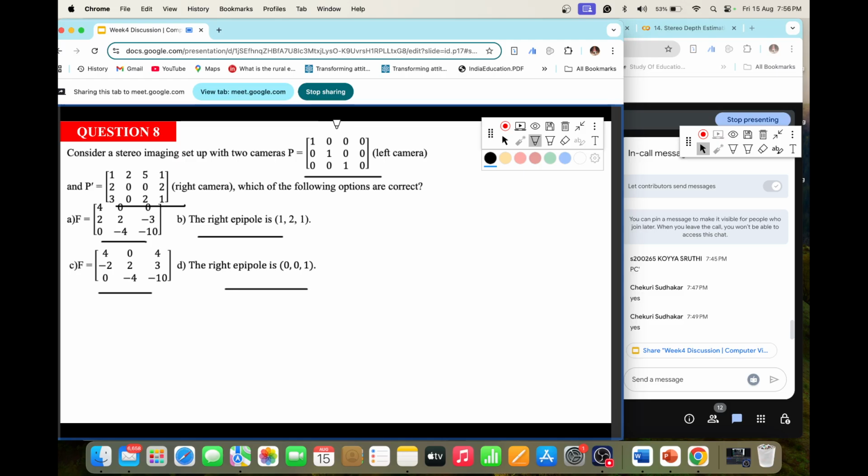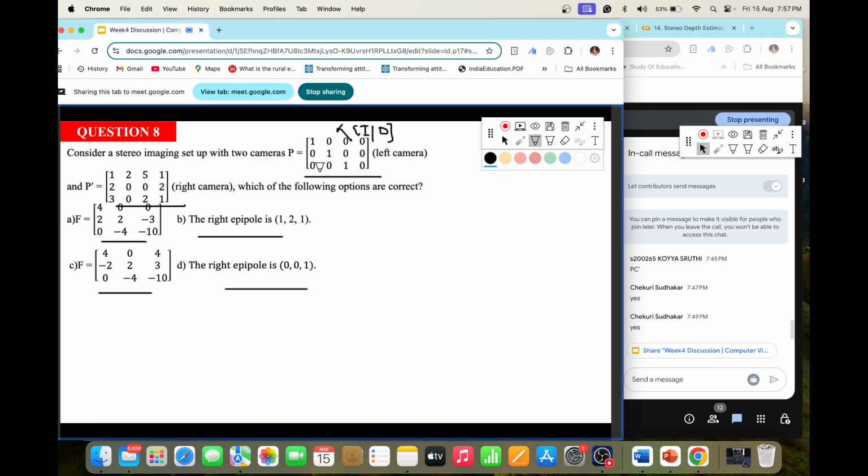P is given by K I 0, or rather I 0, since K is equal to I here. And P dash is given by K R T.